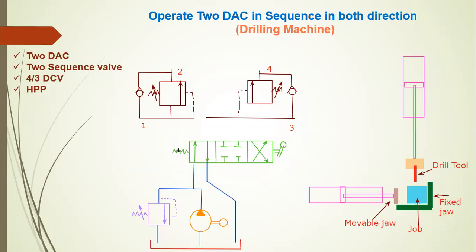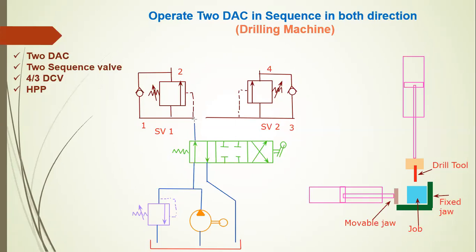Then the hydraulic oil passes from the direction control valve to the first sequence valve. Here give the name sequence valve 1, and here is sequence valve 2.